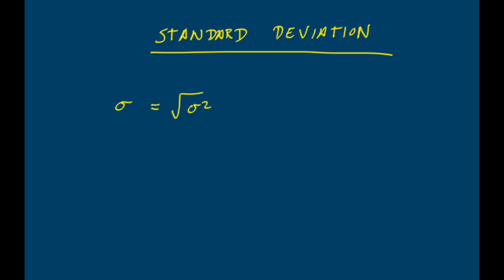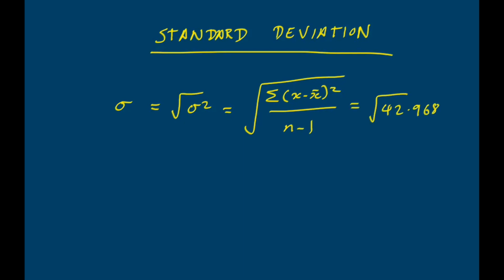So to calculate the standard deviation, all we do is we take the square root of the variance. Or if we want to write it out fully, we calculate it this way. In the case of our 6 mice, we know the variance was 42.968, so the standard deviation is the square root of that, and so the standard deviation is 6.55.